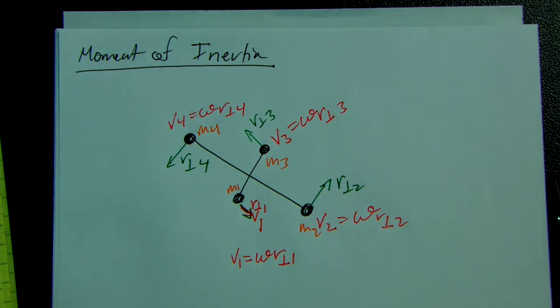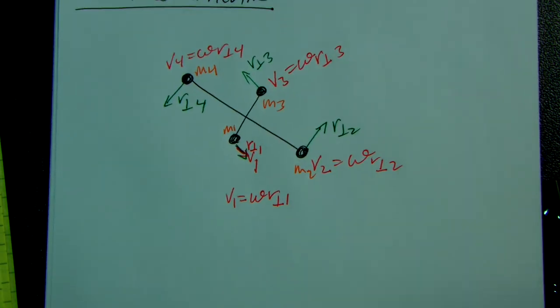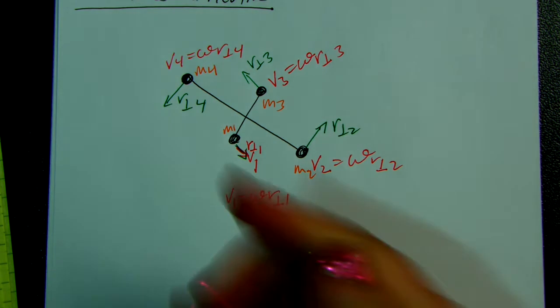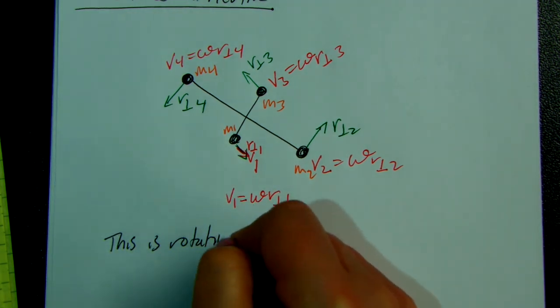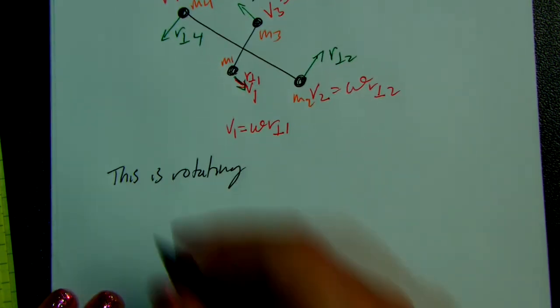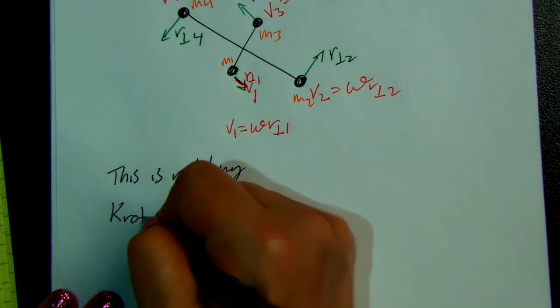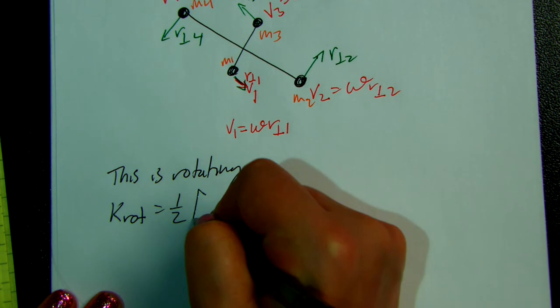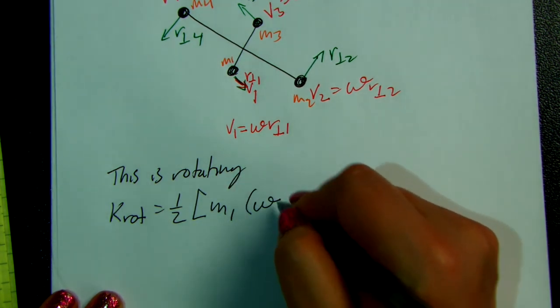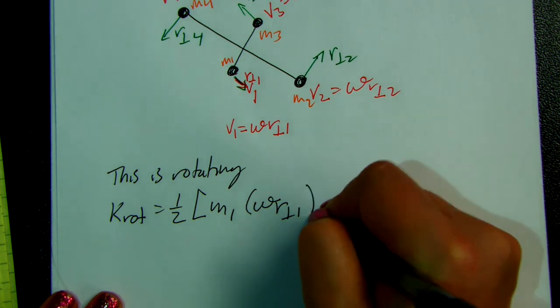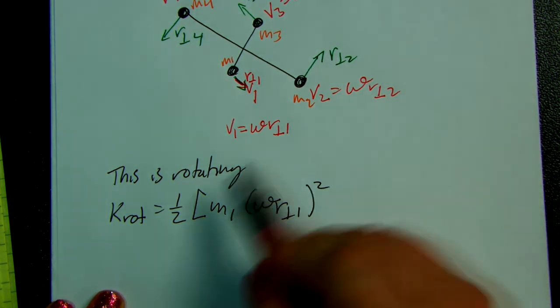So this object is rotating. The rotational kinetic energy is equal to 1/2 m1 times the quantity omega r perpendicular 1, squared.